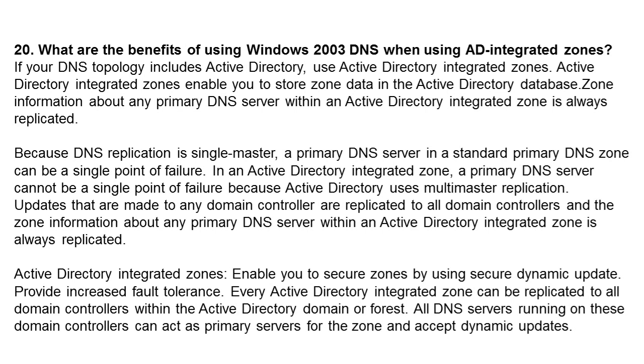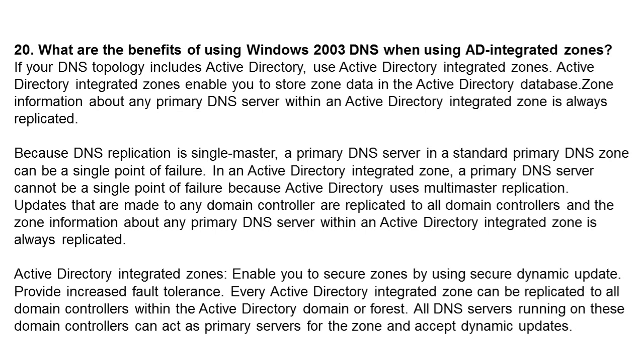In an Active Directory integrated zone, a primary DNS server cannot be a single point of failure because Active Directory uses multi-master replication. Updates that are made to any domain controller are replicated to all domain controllers, and the zone information about any primary DNS server within an Active Directory integrated zone is always replicated. Active Directory integrated zones enable you to secure zones by using secure dynamic updates, and provide increased fault tolerance.